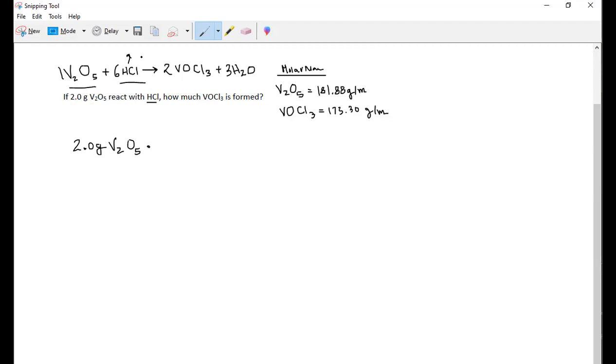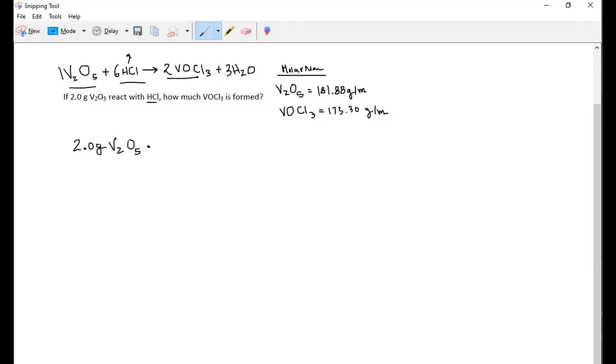But what you can also do is make a reactant to product ratio. In other words, you can say that, okay, 1 mole of V2O5 is 2 moles of VOCl3. And since you have that mole to mole ratio there, that itself is a valid conversion factor, which renders going through the HCl a redundant detail.